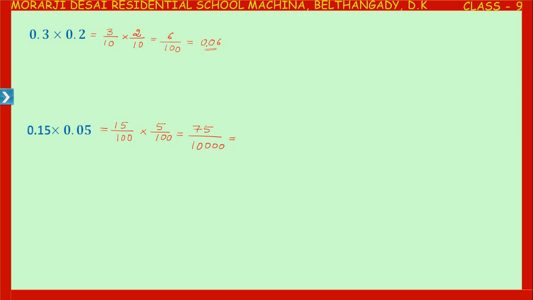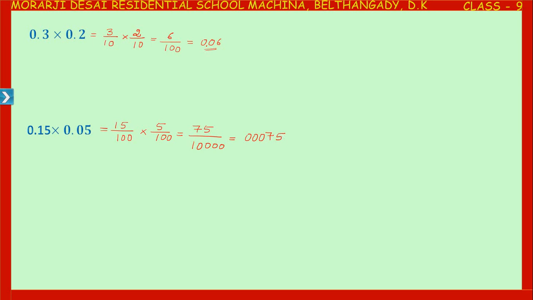Now, look at the number of digits in the denominator. 1, 2, 3, 4, 5. Now in the numerator we have 2 digits, that is 75 is a 2-digit number. We want 5 places, so put zeros 1, 2, 3. So the number of digits now became 5. 1, 2, 3, 4, 5.